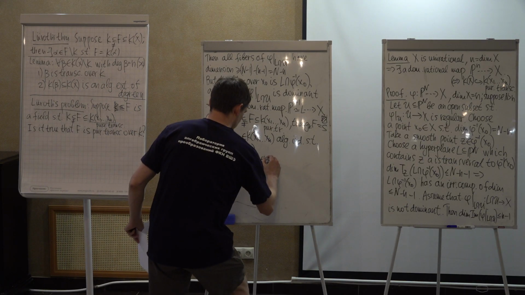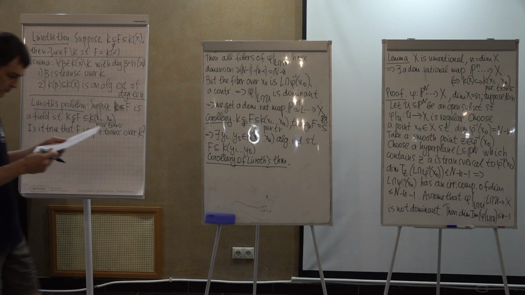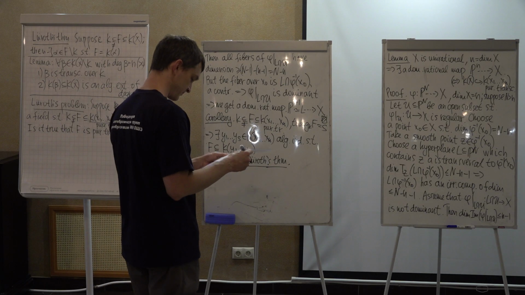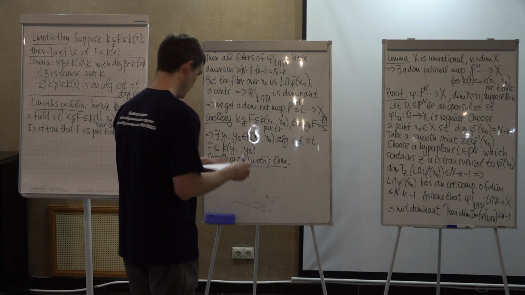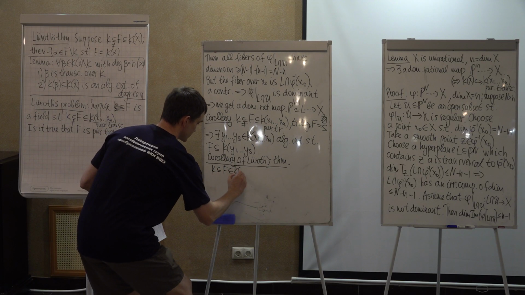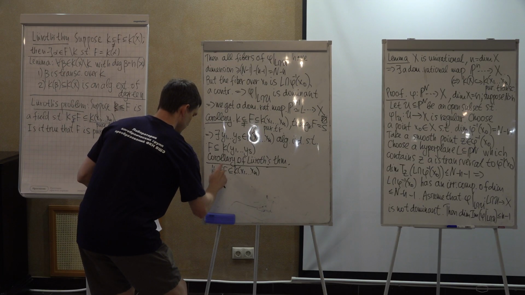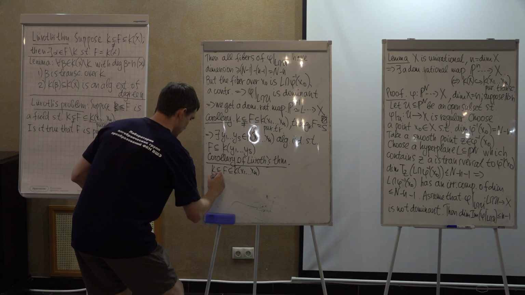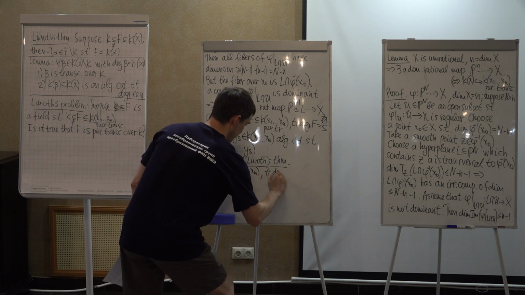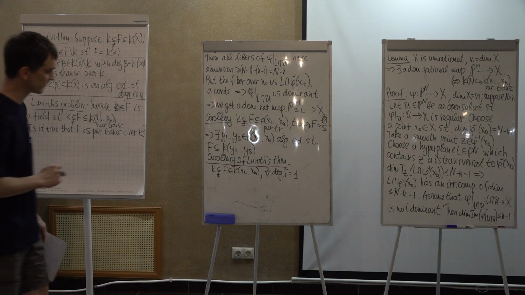This is a corollary of Lüroth's theorem, which will be needed in the remaining part of my lectures. So again, assume we have such a chain of extensions, and assume that the transcendence degree of F is exactly 1.